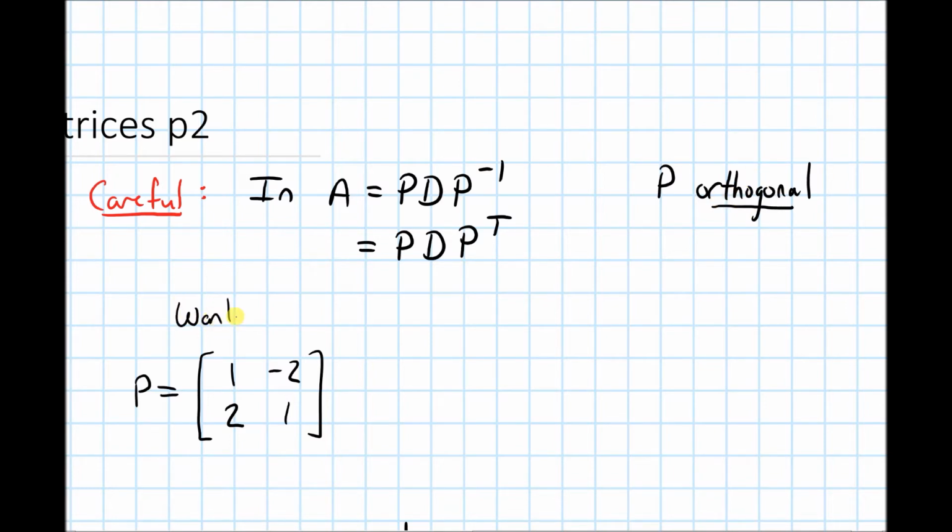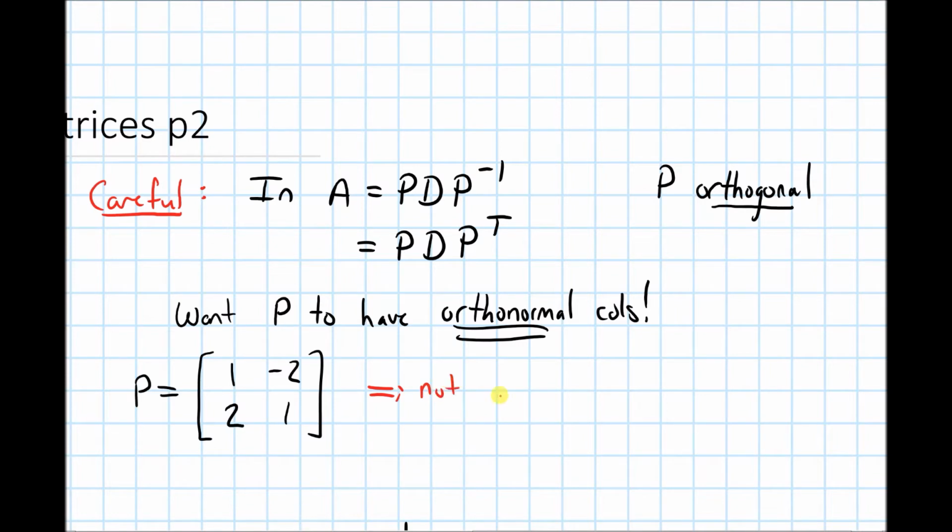So we want P to have orthonormal columns. Orthonormal, underline that twice. But this P, if I were to just form it right now, is not an orthogonal matrix.